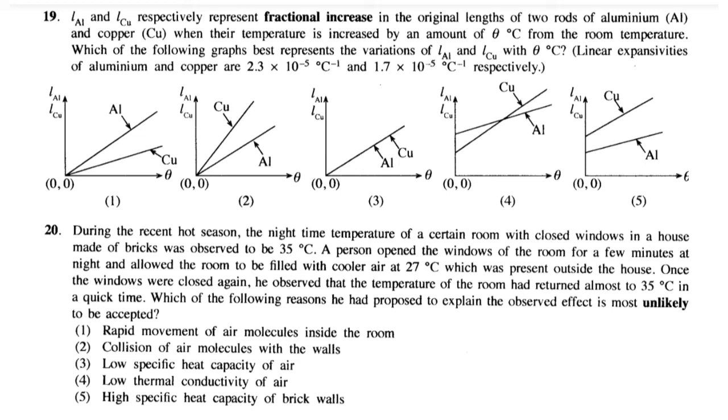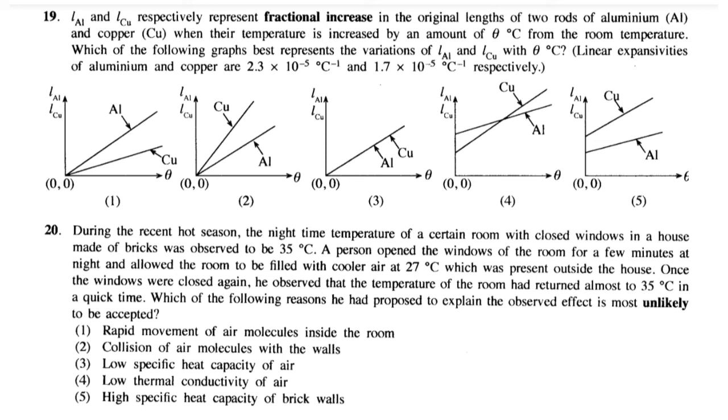Now, when you think of the temperature of the bricks at night, it is higher and it will have almost the same temperature as it had in the daytime. It is almost 35 degrees Celsius. And now inside the room, the air molecules have 27 degrees Celsius temperature, and these air molecules will absorb heat from the bricks. Now we go for the answers.